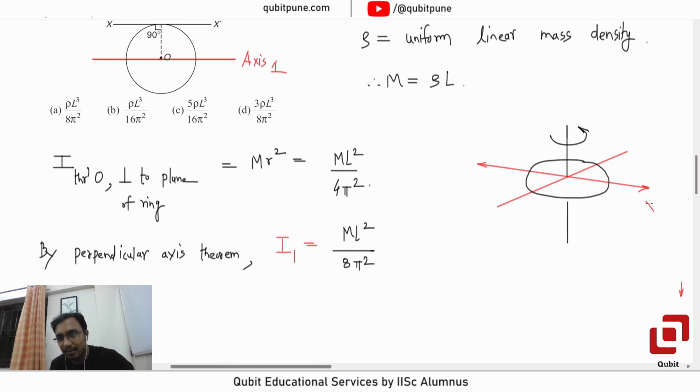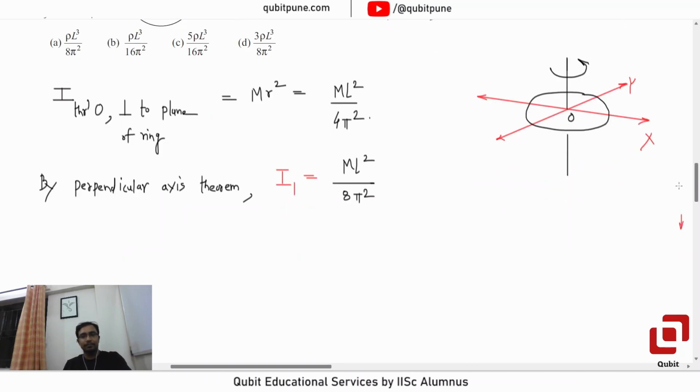Say this is x and this is y, then Ixx plus Iyy is equal to Izz. So each one of them, Ixx and Iyy, will be half of the main, I through O perpendicular to the plane of the ring. Correct? So I1 will be half of that.